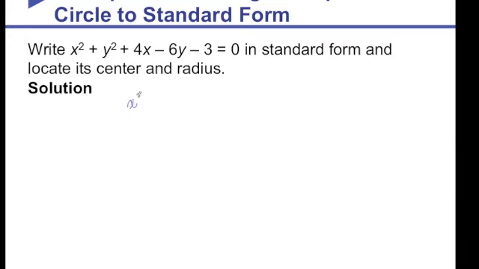So I'll have x squared plus 4x, and then I'm going to leave a space to complete that square, then plus my y squared minus 6y, plus a space for completing the square, equals, I'll add the 3 to both sides, so 3. If I add these things to the left, I must add them to the right, so I'm going to leave space for those.